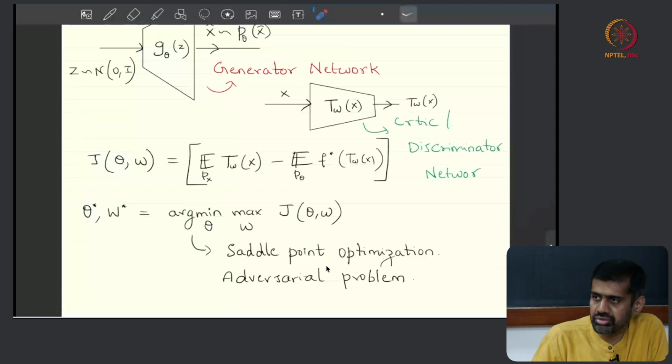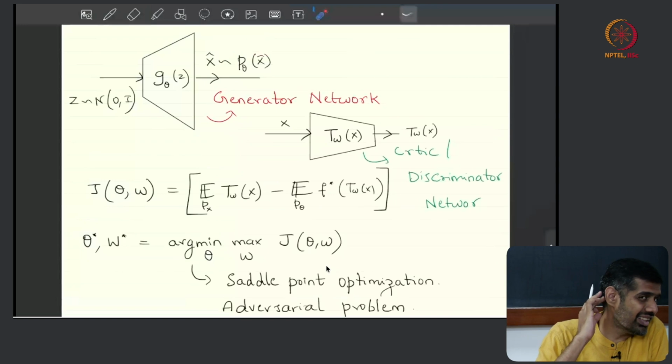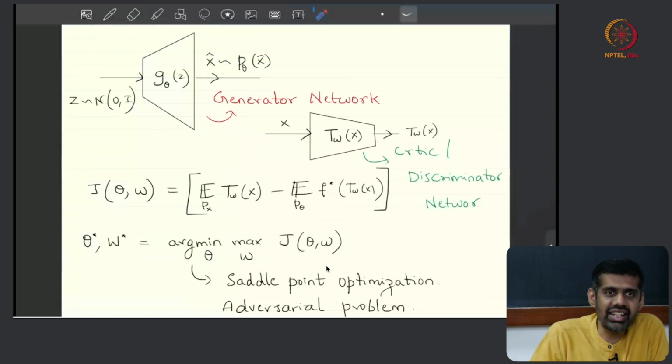So, long story short, we approximate this t function using a parametric neural network, and this neural network is called the critique network or the discriminator network. I will tell you why historically it was called a discriminator network in a while. So, let us call it the critique network or approximator for the t function that constructs a lower bound on the f-divergence that we are trying to minimize.